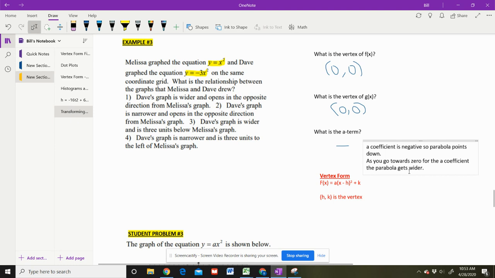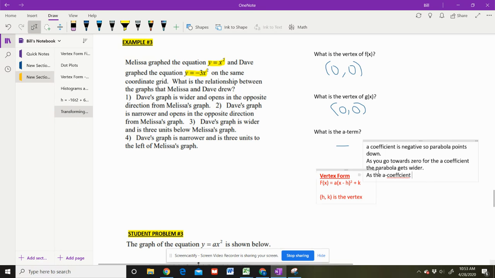Or the other way you can say it, as you go away from 0, the larger your a coefficient gets, the narrower your parabola will get. So I could write that as the a coefficient.